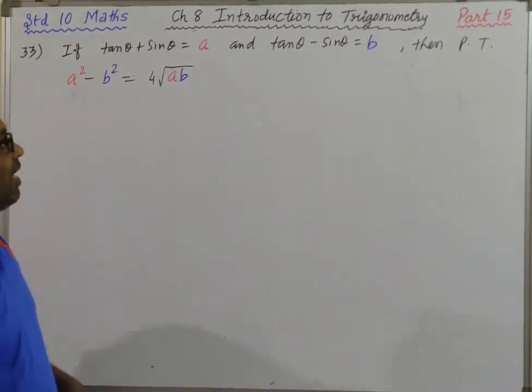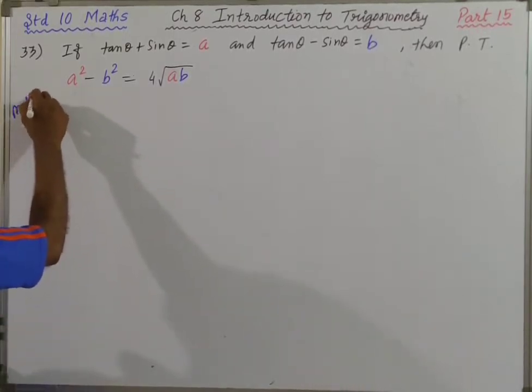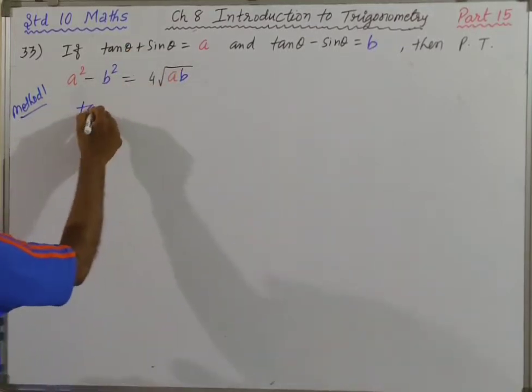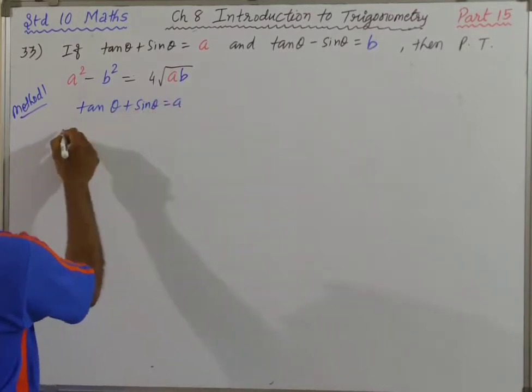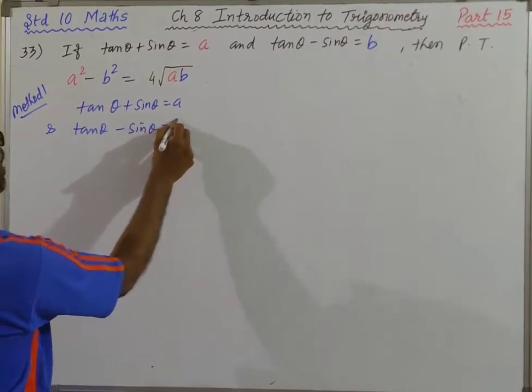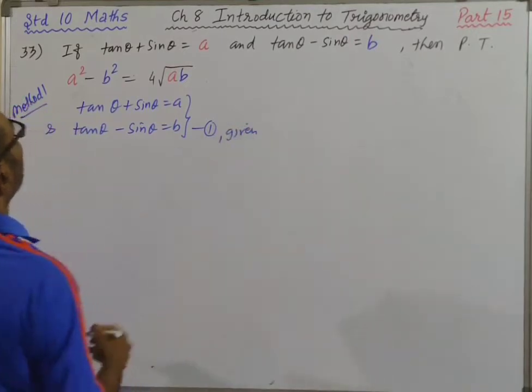चलिए क्या करना है? We'll build up left hand side. Method 1. Left hand side A square. Okay, पहले ये लिख देते हैं. Tan theta plus sine theta is equal to A, and tan theta minus sine theta is equal to B. Call it 1, and this is given. Correct?